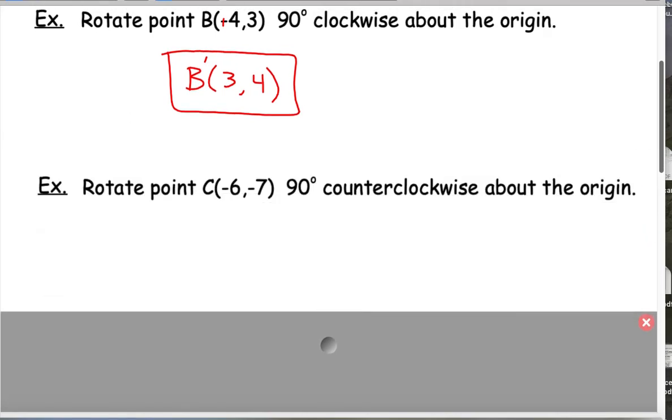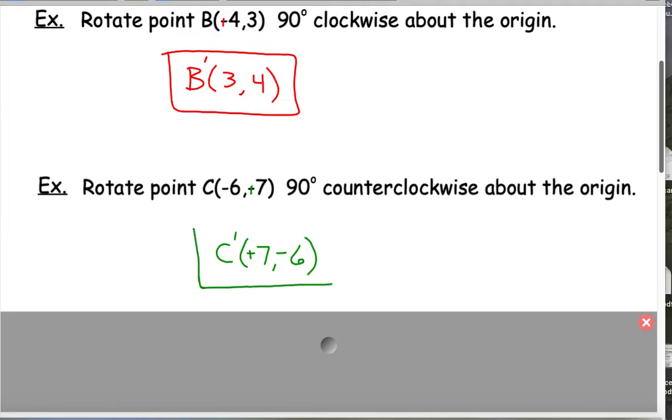Okay, how about rotating the point C 90 degrees counterclockwise? All right, so 90 counterclockwise. What was the rule for that? Well, remember we switched the order. And we changed the sign of the y number. So that was a negative 7, that becomes a positive 7.